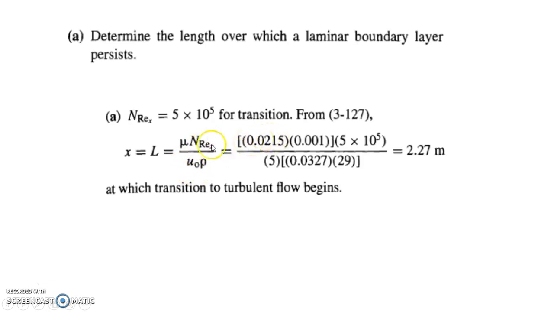You just need to substitute all of these values into the equation. The values are all given in the example, and don't forget to write down the units and do the unit cancellation. Then you will get x equals 2.27 meters, at which transition to turbulent flow begins.